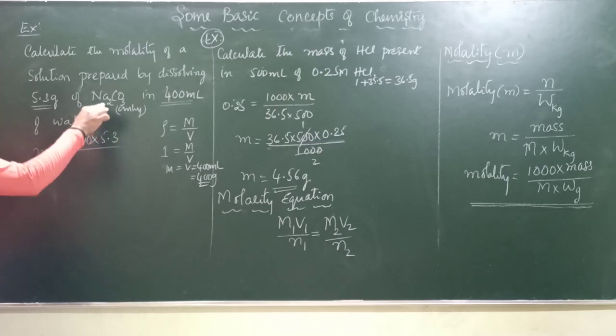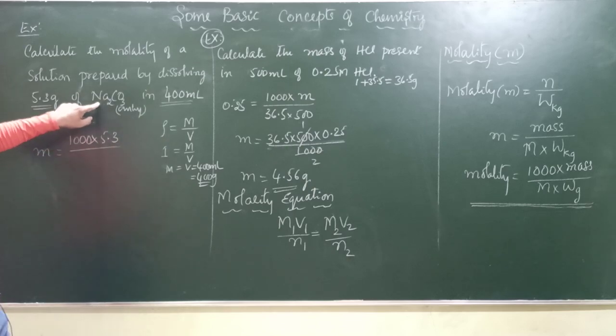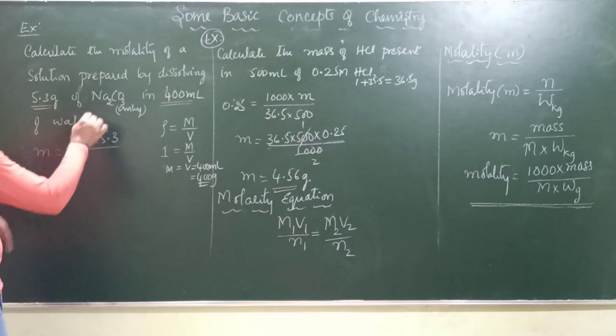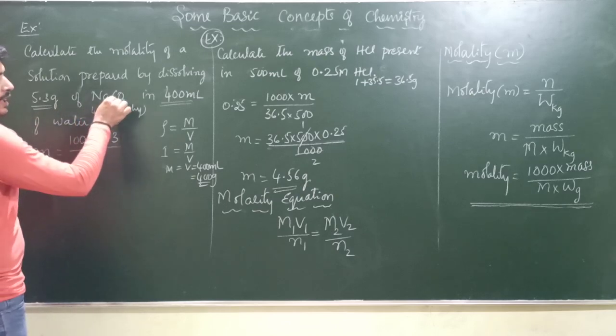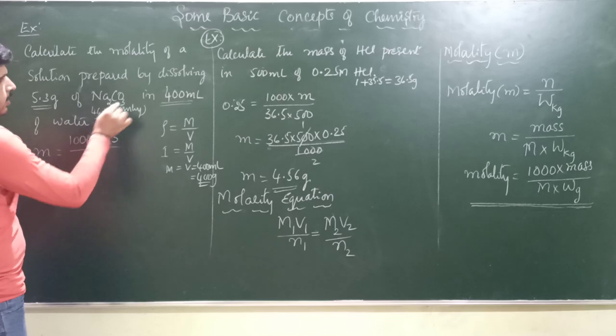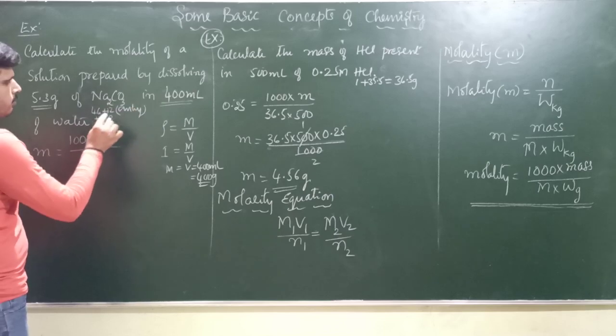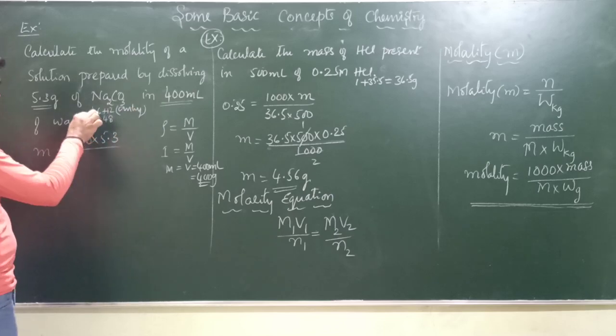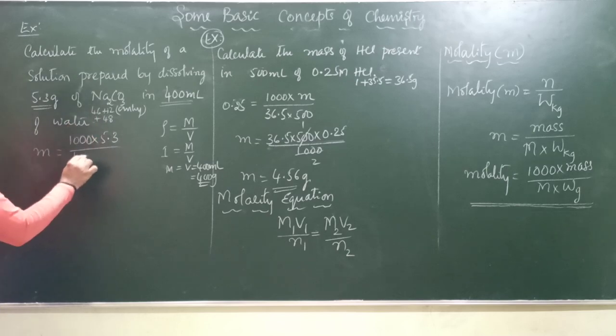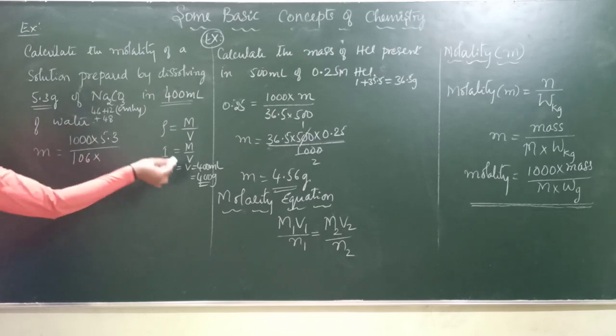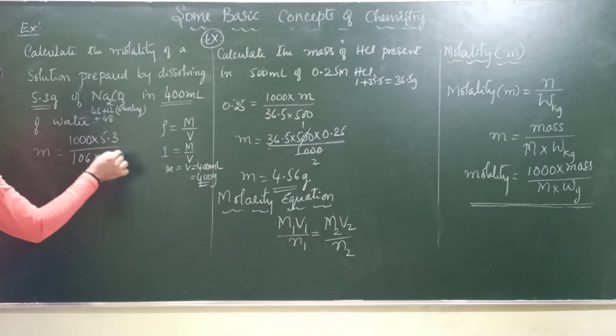1000 into mass 5.3 gram. Then molar mass of Na2CO3: sodium 23 into 2, 46, plus carbon 12, plus oxygen 16 into 3, 48. 48 plus 12 is 60, plus 46 is 106. Into 400. So you cancel those two zeros.